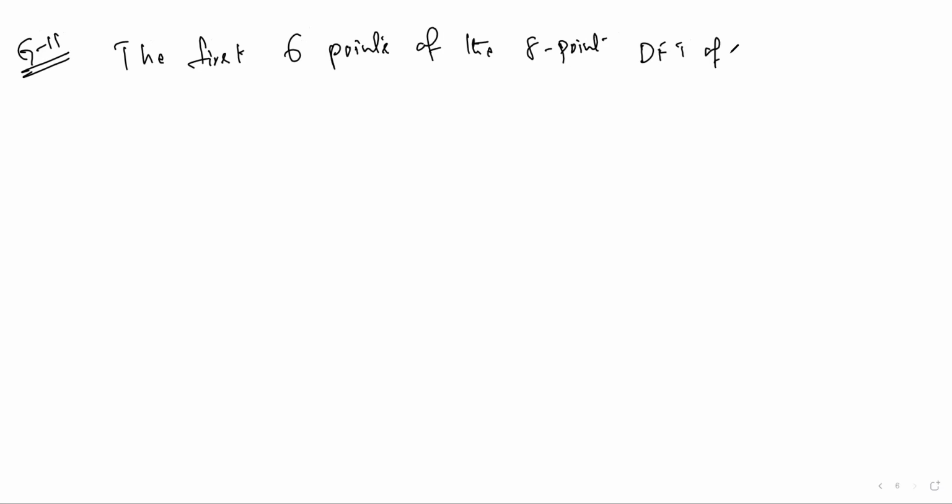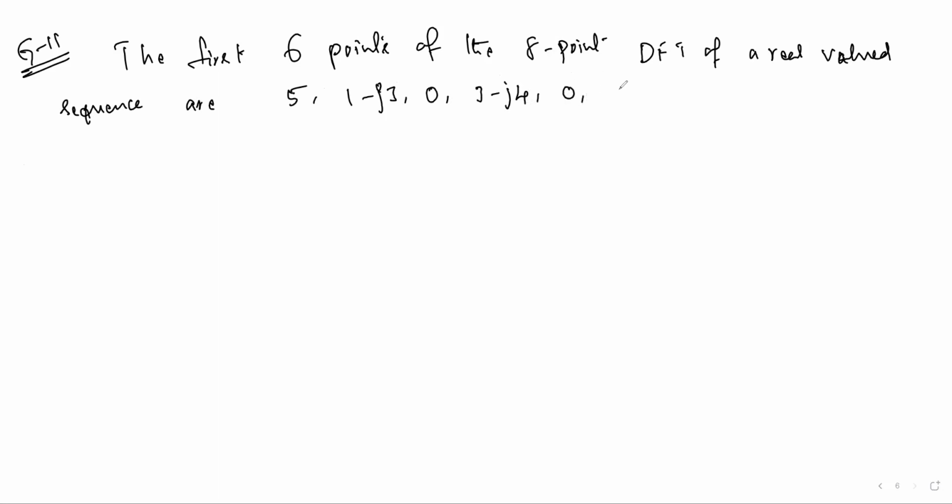The first 6 points of the 8-point DFT of a real valued sequence are 5, 1 minus j3, 0, 3 minus j4, 0, 3 plus j4.